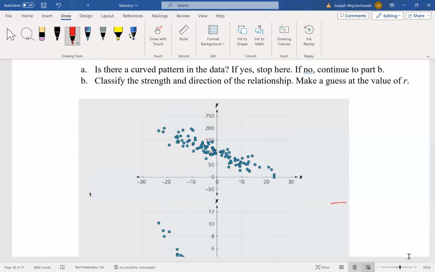We're talking about this first one here, and no, there is not. Take a guess at the value of r. Well, it's going to be negative. And what do you think? If we put a line down the middle, they're all pretty close. So I would say strong.